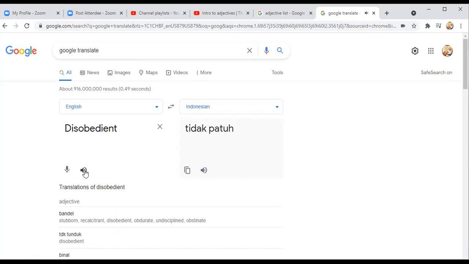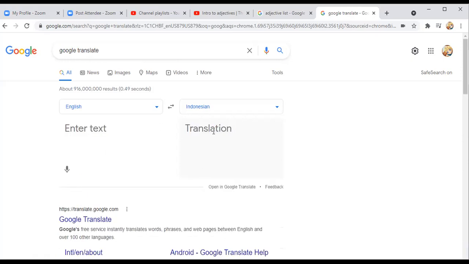Okay. Disobedient. It's not hard. If you don't want to type it, you can just use your microphone. I'm trying to give you options here. Jadi kan maksudnya saya itu memberikan kalian itu kayak beberapa opsi bagaimana kalian itu mau belajarnya itu.